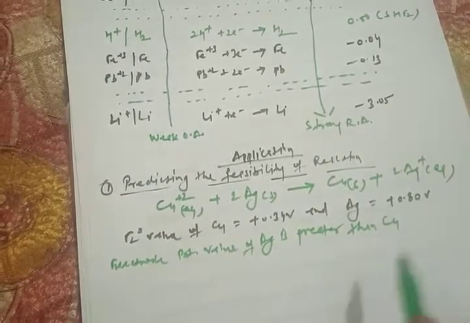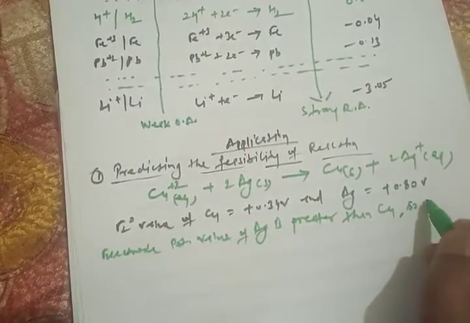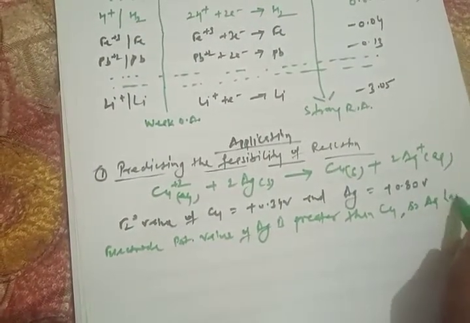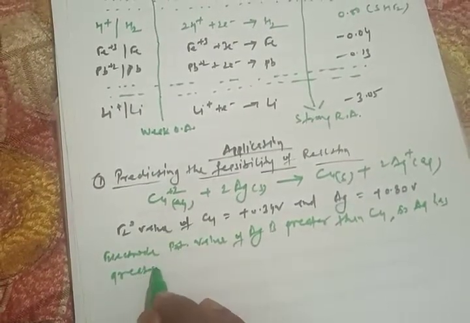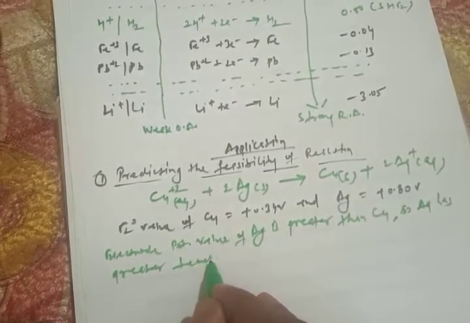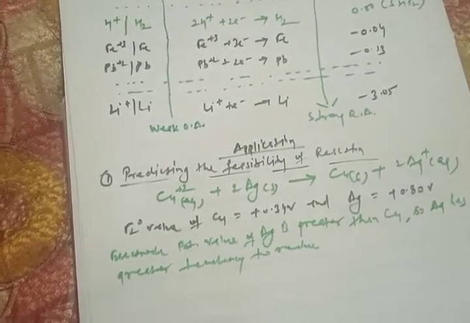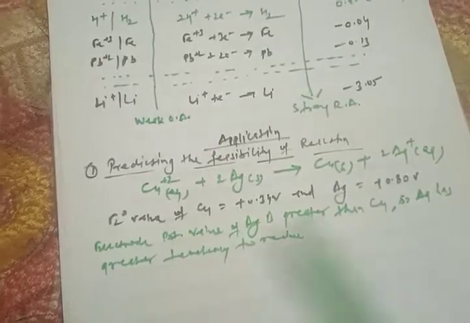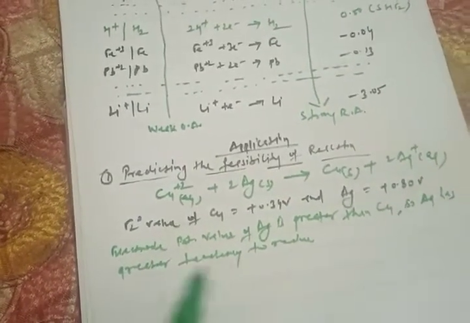Silver has a greater tendency to get reduced. So what does it mean? It means silver will be reduced and copper will be oxidized, because the vice versa is there.